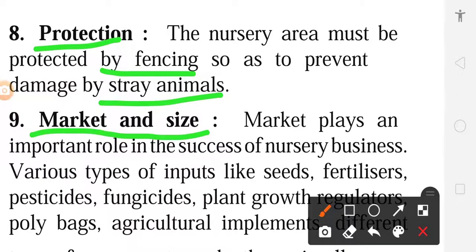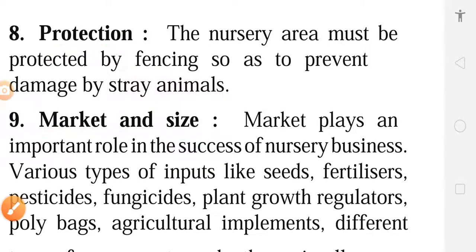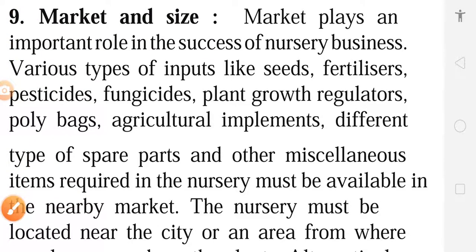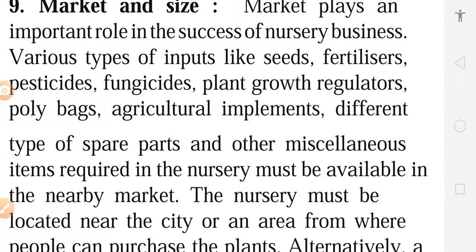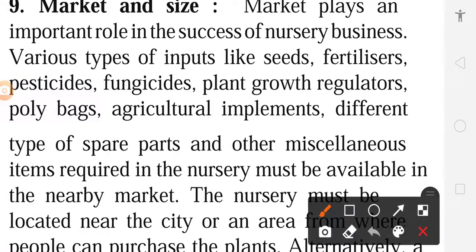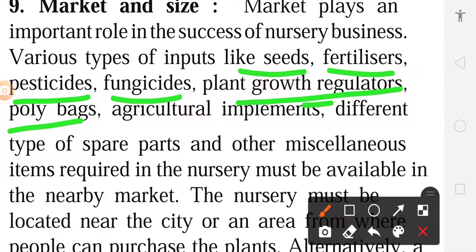Then the market size. Market is very important in the nursery business, because if there is no market, there will be no use of making these seedlings. In the case of market size, we require to purchase various types of inputs, and we also require a market to sell. For inputs we require to purchase seeds, fertilizers, pesticides, fungicides, plant growth regulators, polybags, agricultural implements, different kinds of spare parts, and other requirements.